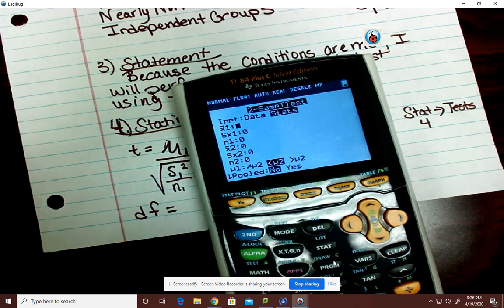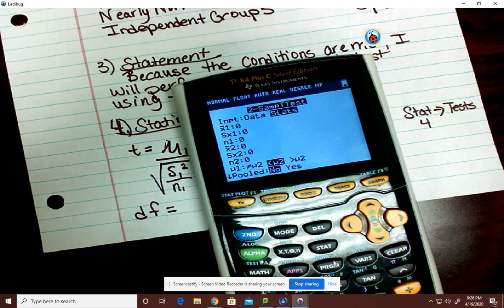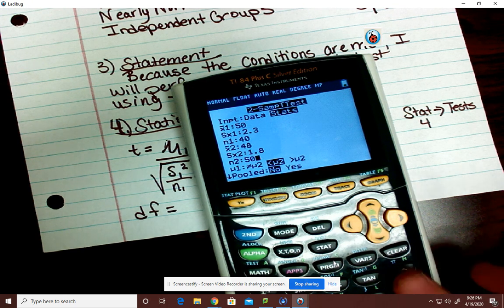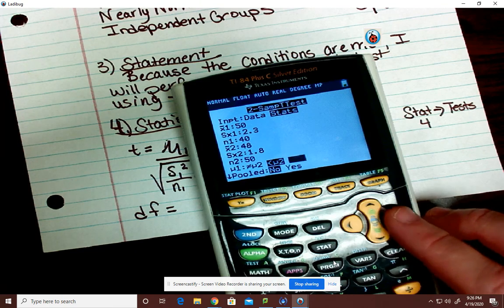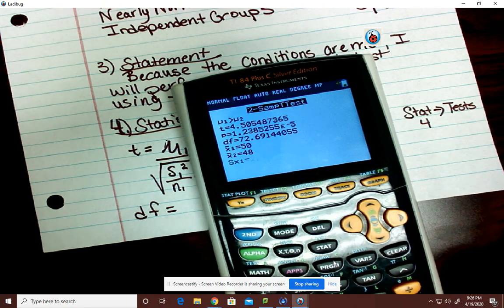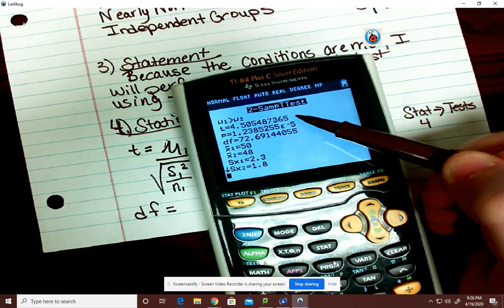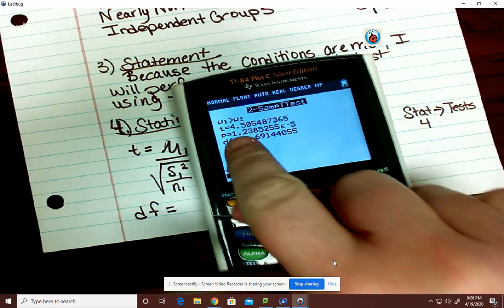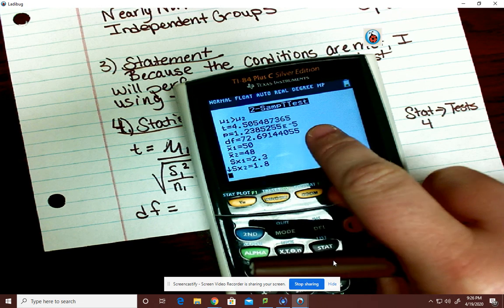So I'm going to put in some just made up stuff. I just made all that up, and then I'm going to put it in here. And so there would be my t-score, my p-value. Now, pay attention to this when you get a p-value like this.